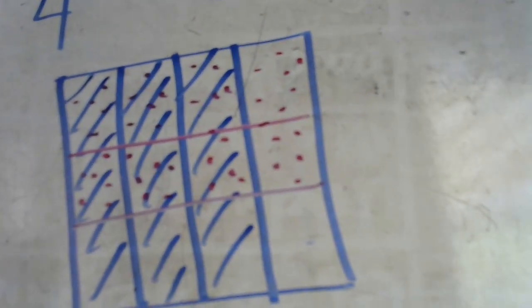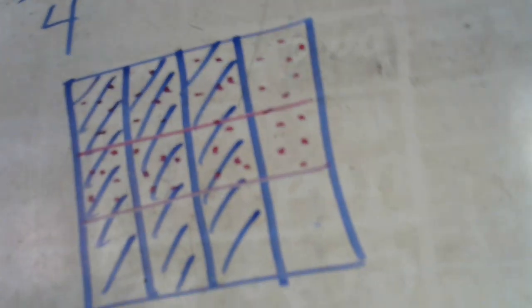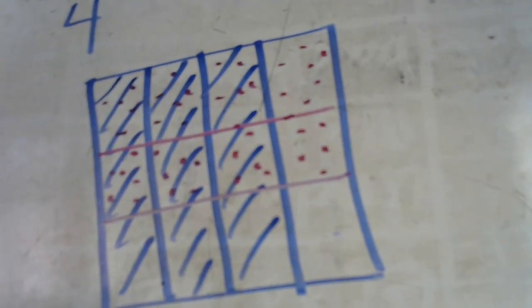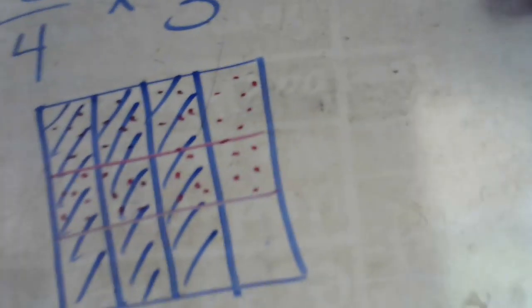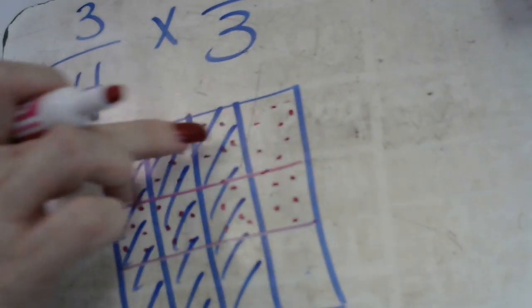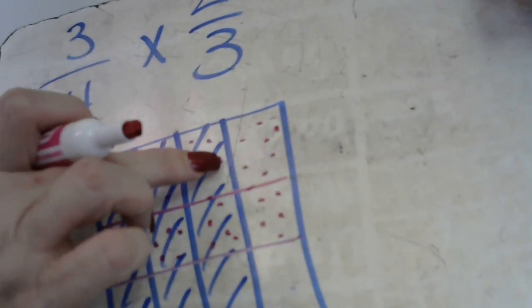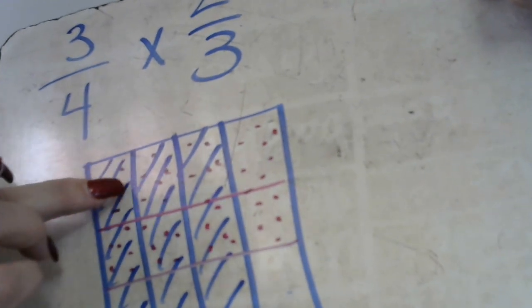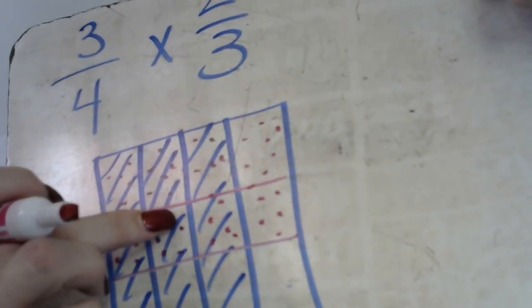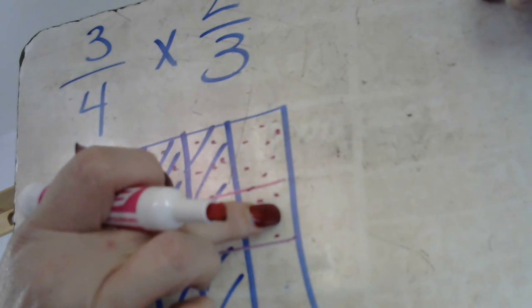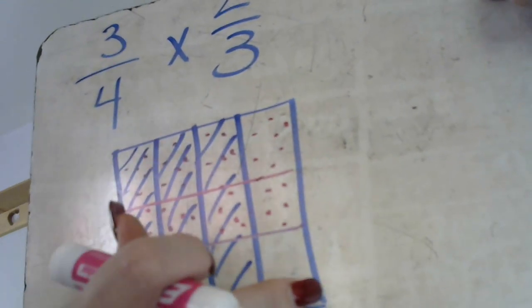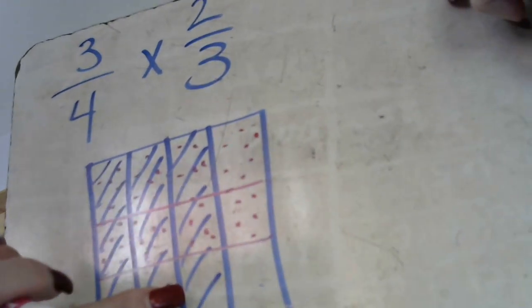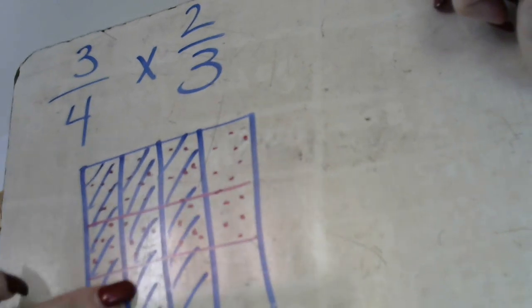To find my new denominator, I count all of my boxes. So I've got 1, 2, 3, 4, 5, 6, 7, 8, 9, 10, 11, 12 boxes.